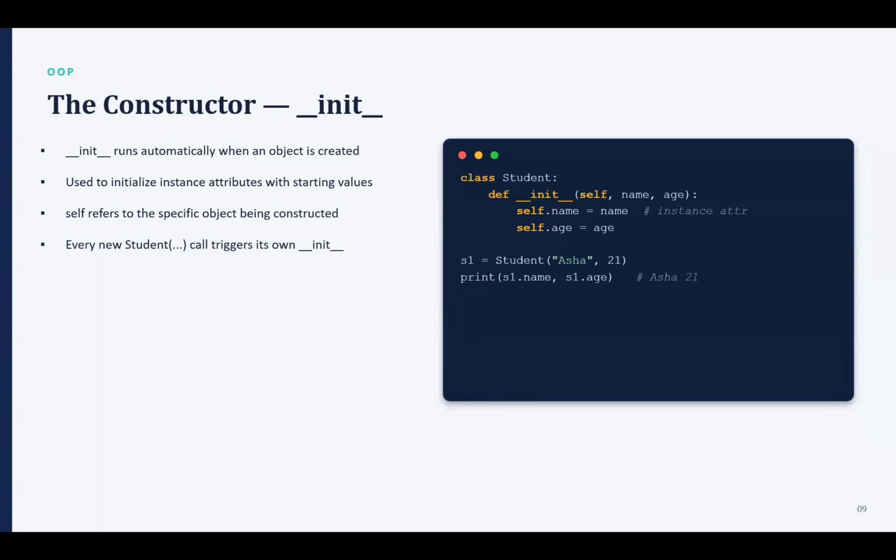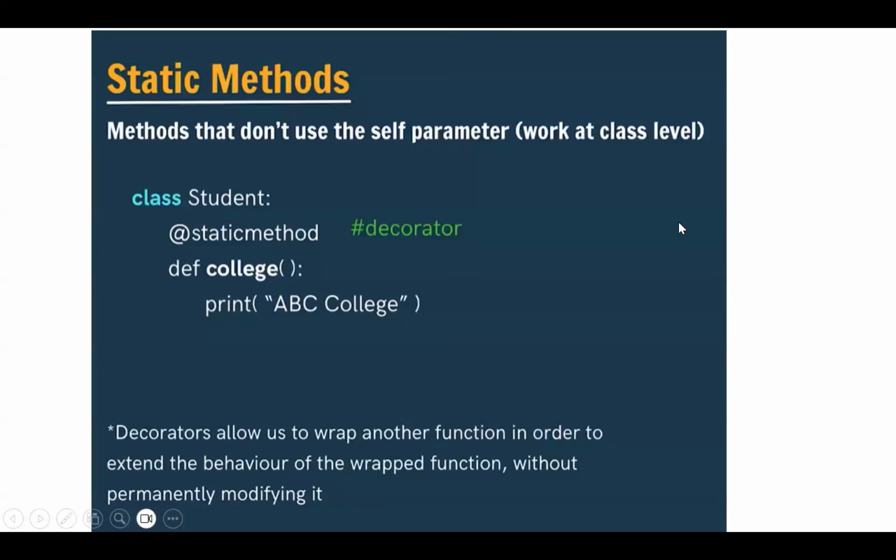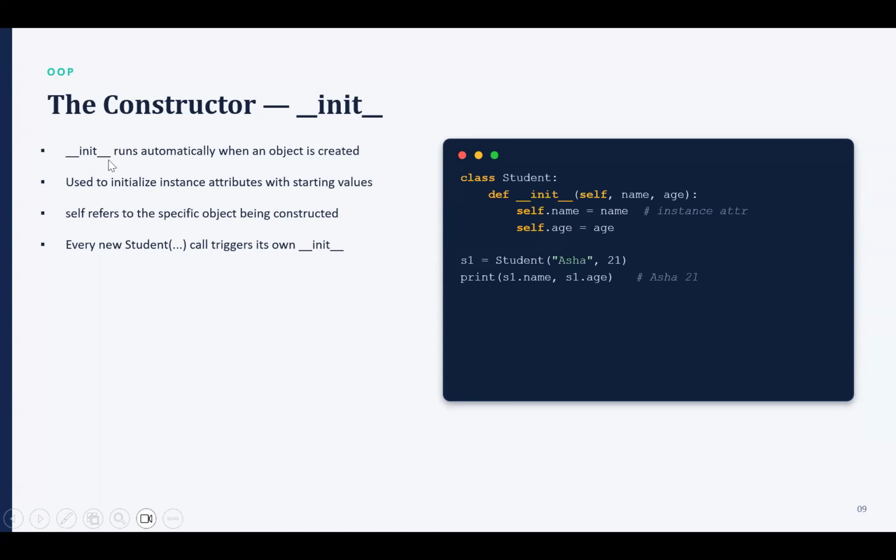Now the constructor. There is always one constructor, which is known as init. Self is the name that you give. Apart from that, any other parameter you can provide. This is known as an object attribute, or instance attribute also you can say. I told you, most people consider, you can give any parameter name, but generally people go with the name that they are using along with the self.